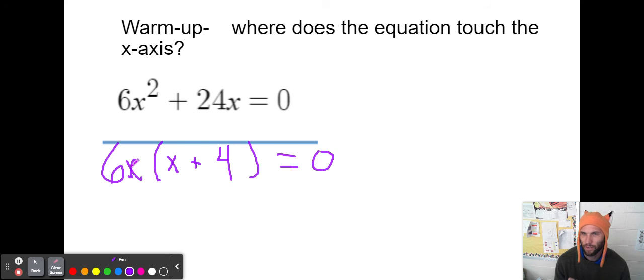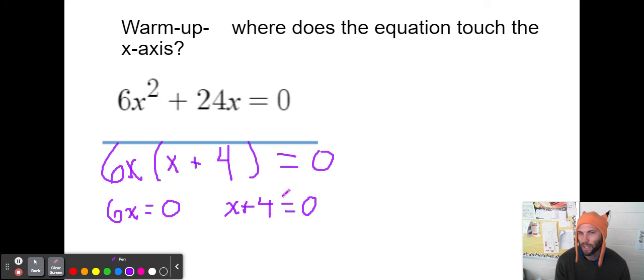So then if you think about it, 6x times what equals 0? 0, or x plus 4 times what equals 0. So both of these have to equal 0. So 6x equals 0 is a true statement, and x plus 4 equals 0. And all of a sudden, I have two linear equations that I can solve.